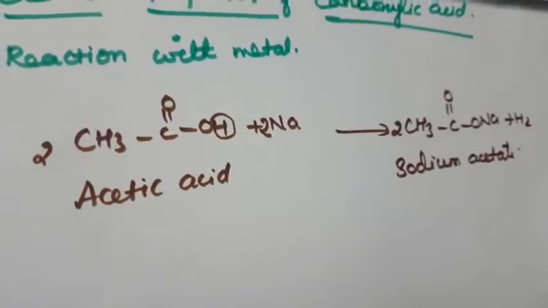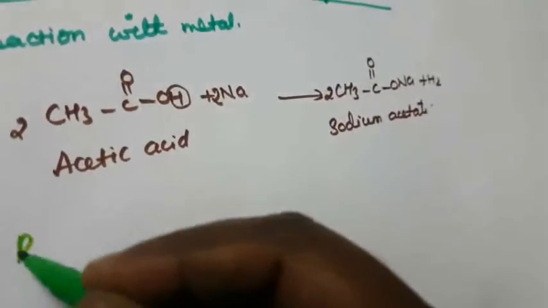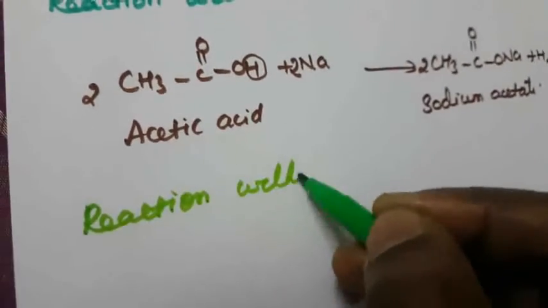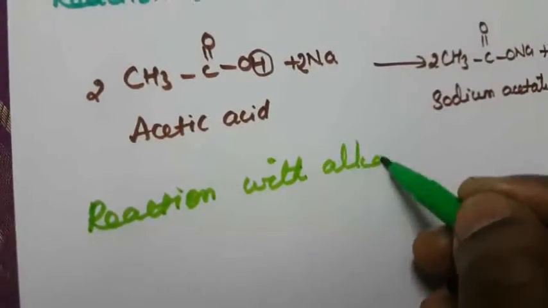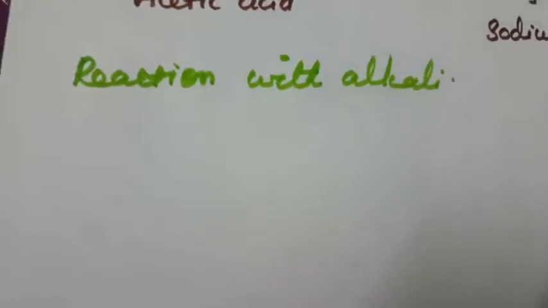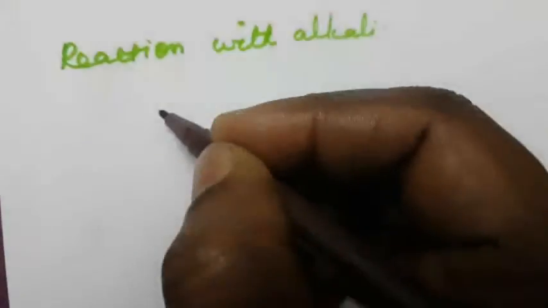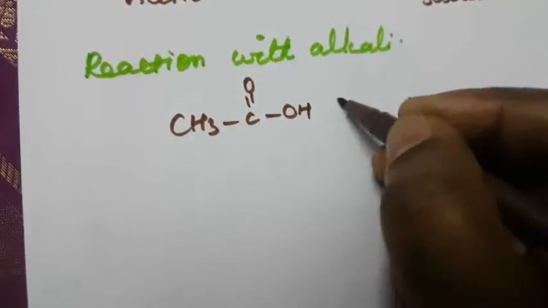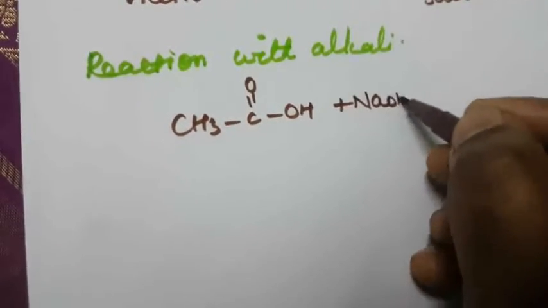Next, reaction with alkali. How does it react with alkali? Again acetic acid, CH3, C double bond O, OH. Alkali means sodium hydroxide.